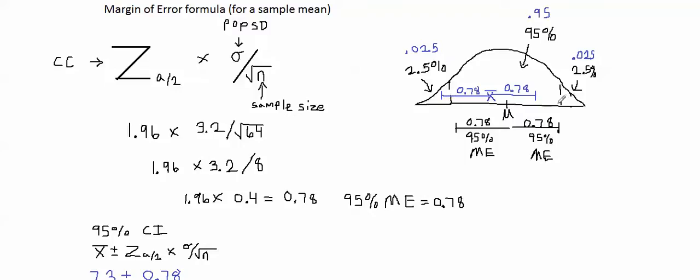Now, if my sample mean happened to be really low, or if it turns out that my sample mean is so far below the population mean that it's in this lower tail down here, then the confidence interval won't include the population mean.